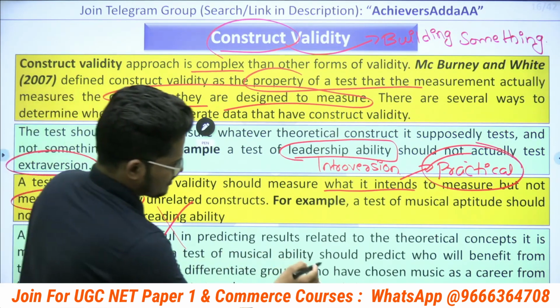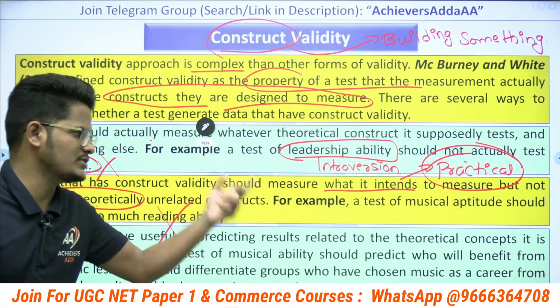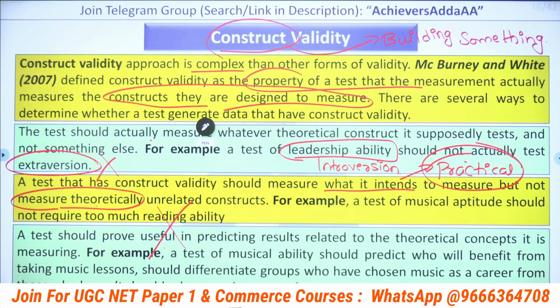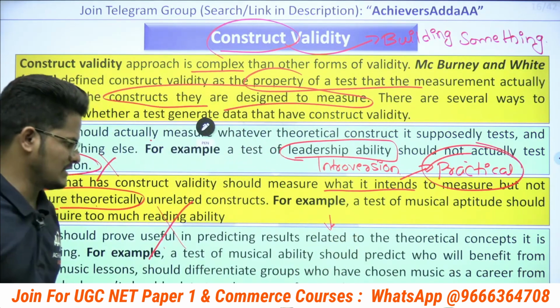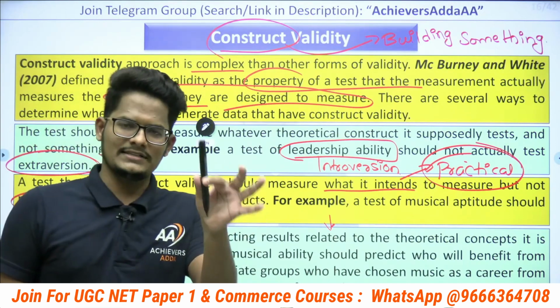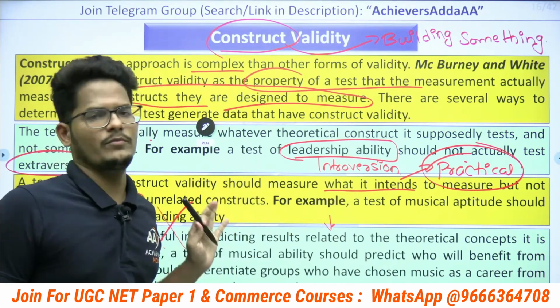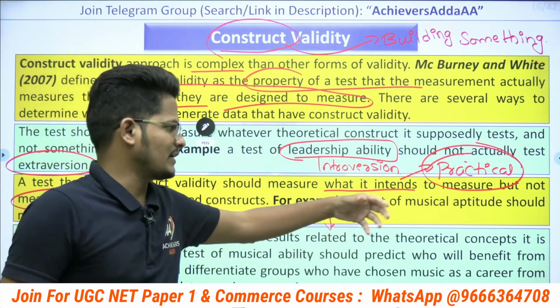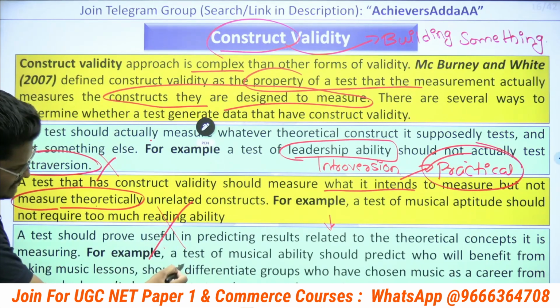A test of musical ability should predict who will benefit from taking music lessons, should differentiate groups who have chosen music as a career from those who have not, and should relate to other tests of musical ability, and so on. So the point we need to understand in the last paragraph is that we are trying to test the theoretical concept, but giving more importance to the practical aspect of implementation, the practical aspect of the ability of a person.